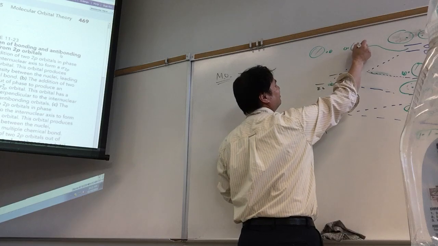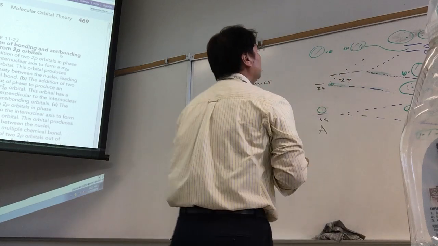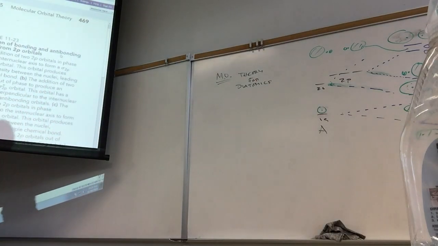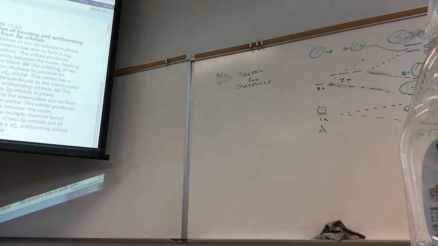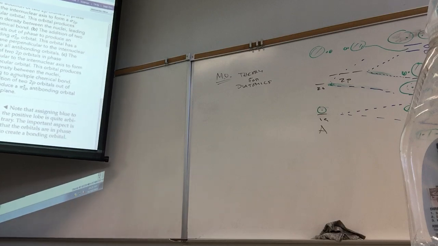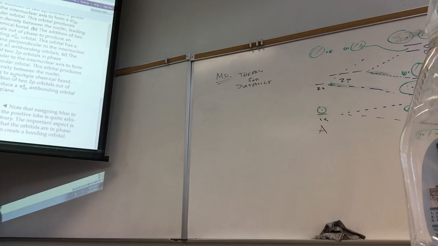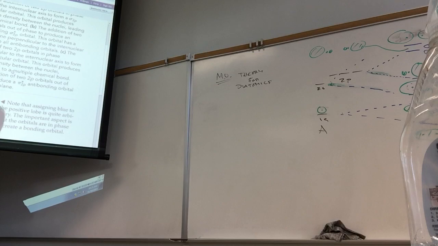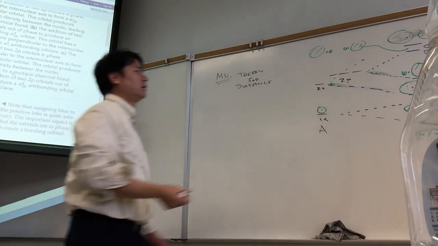It's anti-bonding. Sigma star 2px. And then we have the pi's. The pi's are like this. We have the positive, positive, negative, negative. We're going to get this situation here. Here we're taking positive, negative, negative, positive. That's anti-bonding. So that's bonding. This is anti-bonding.